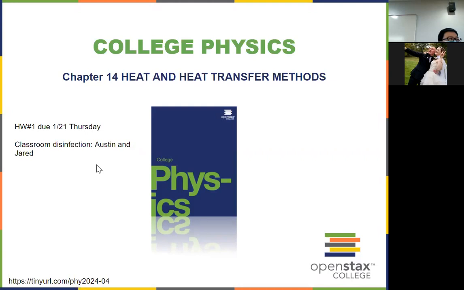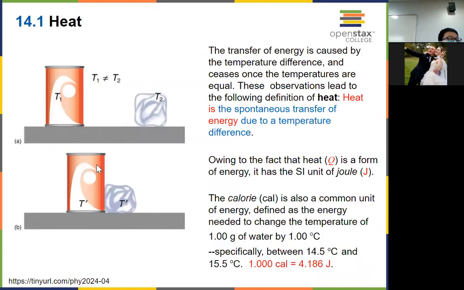In this chapter, we are going to take a look at heat and the transfer of heat. Heat is a concept in physics. If you have two objects in contact, for example a can of soda placed into ice, the soda will cool off.